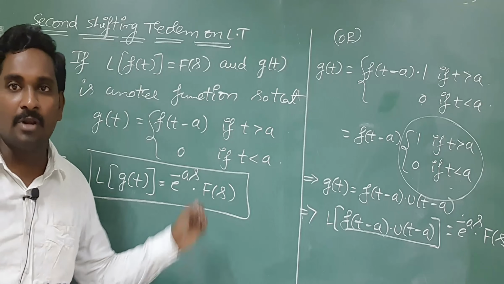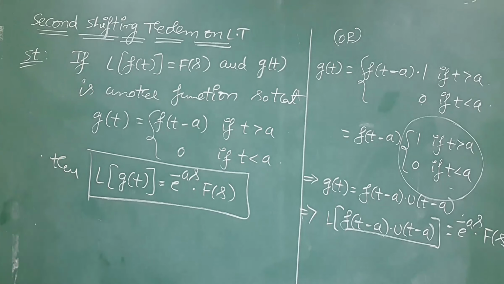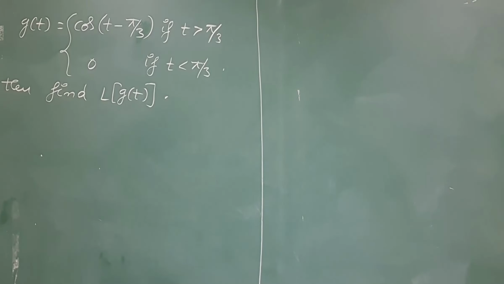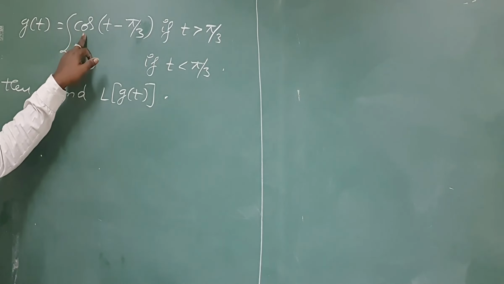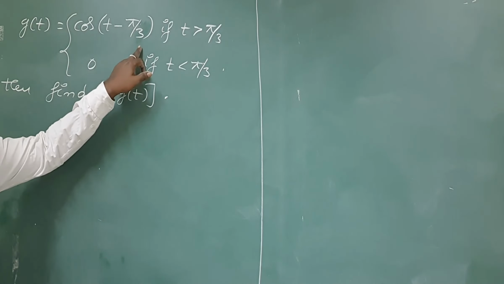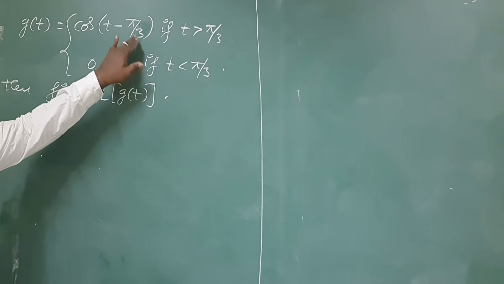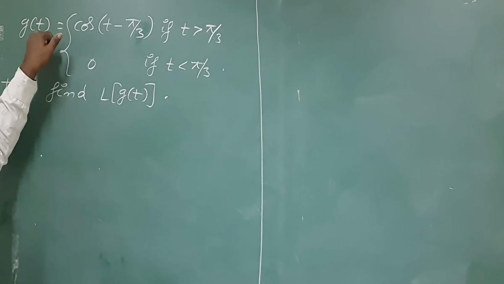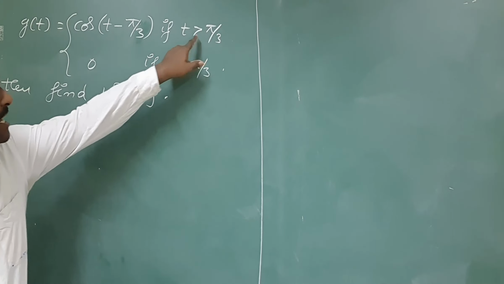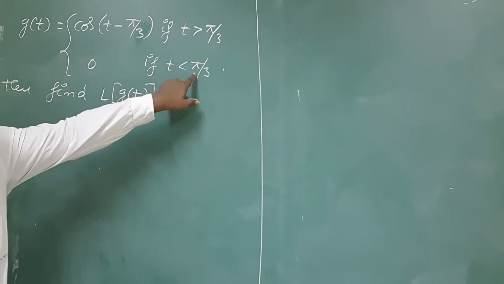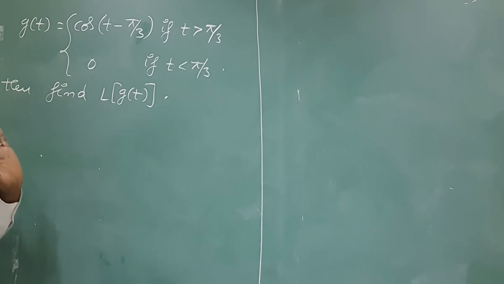Okay, see one example on this theorem. So this is the statement of the problem. If g of t is in the form of cos of t minus pi by 3. Here g of t is a function in terms of t which is defined as cos of t minus pi by 3 if t is greater than pi by 3, and if t is less than pi by 3, then the function becomes 0.